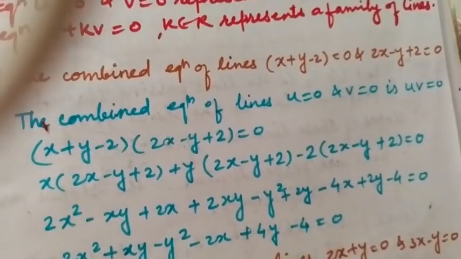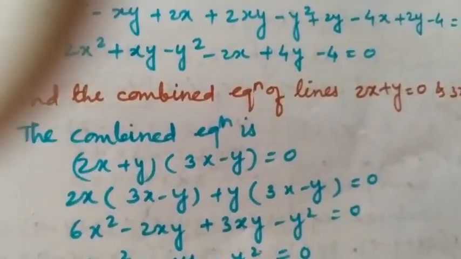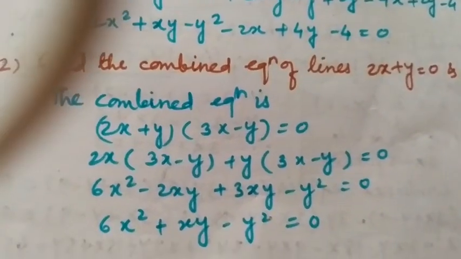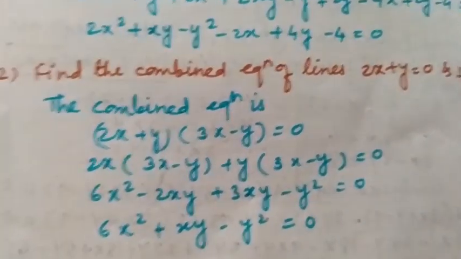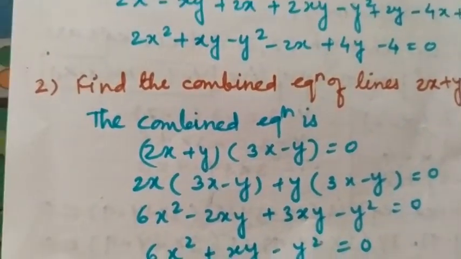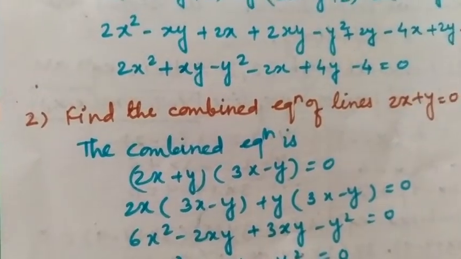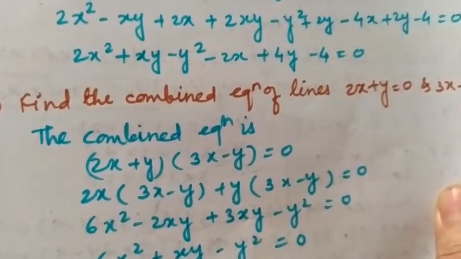So this way we find out the combined equation of the two lines. To find the combined equation, we can see it is very simple multiplication steps we have seen, and that is to be followed for other examples also.